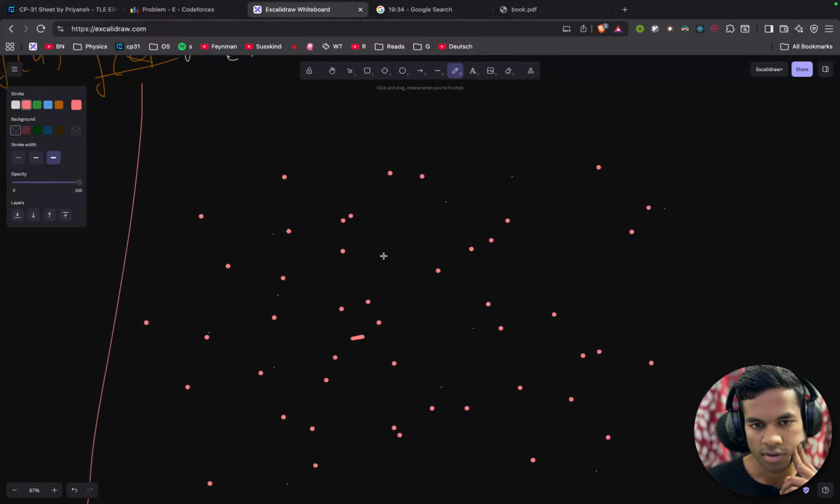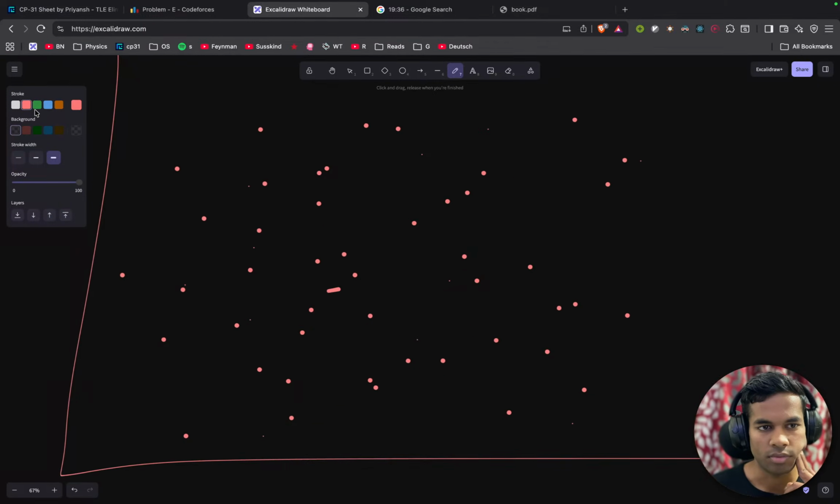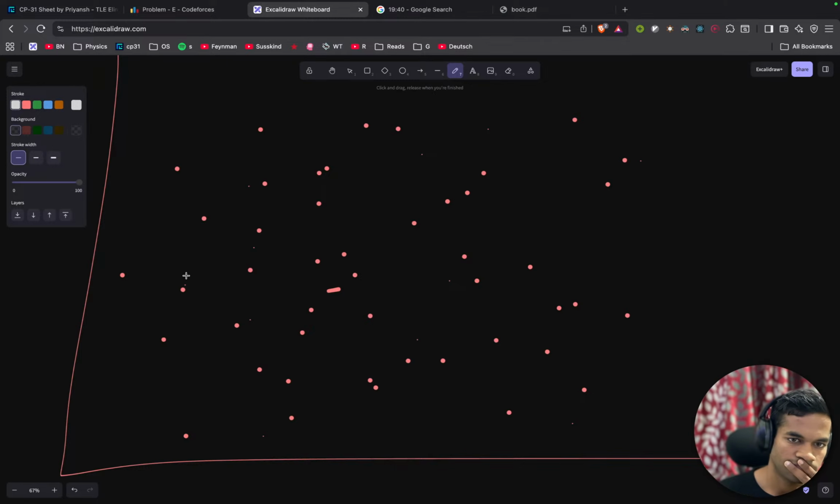Let's say they are in such a way that no three of them are collinear. All the points would be either in or out of the triangle.